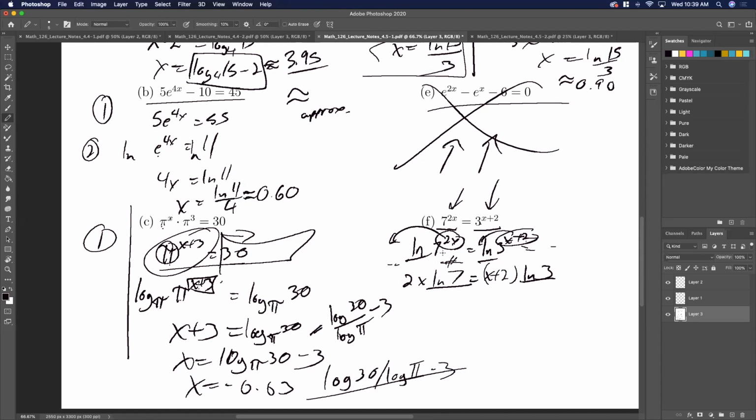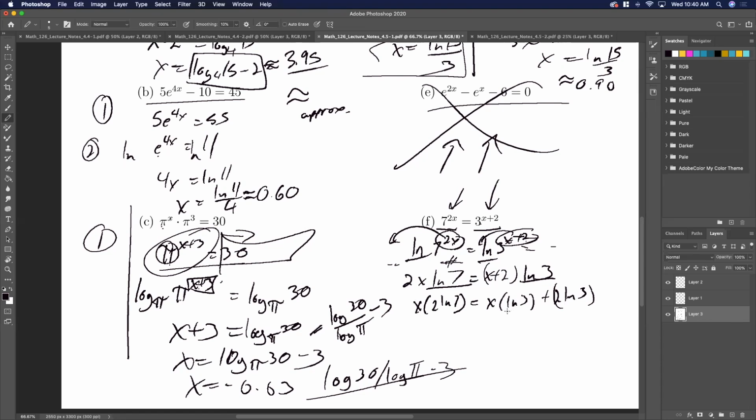Here I'll get x times 2 times ln of 7, because this is still just some number. Here we're going to distribute this in, so I'll get x times ln of 3 plus 2 ln of 3. So here I'm just distributing the ln of 3. So what do I have here?